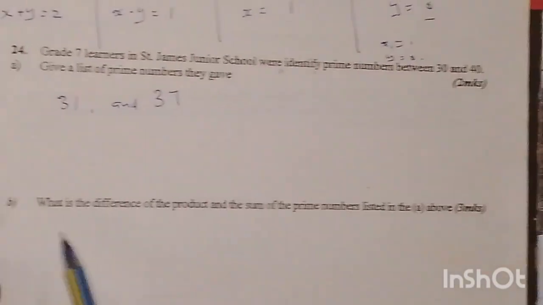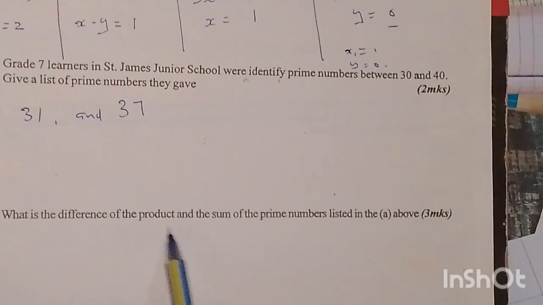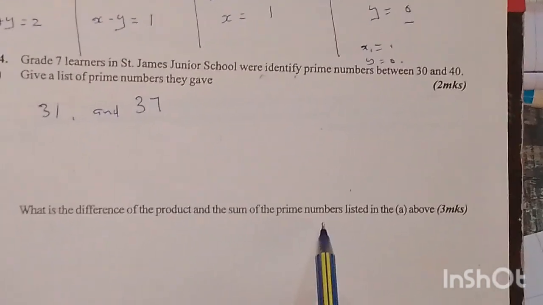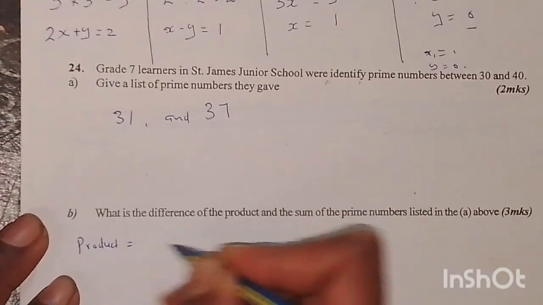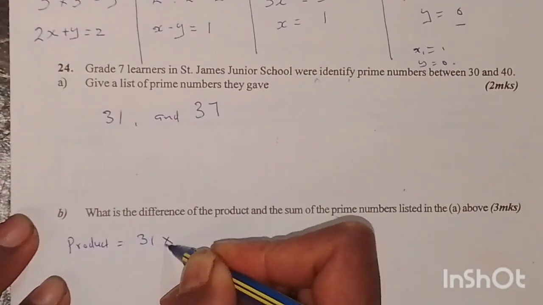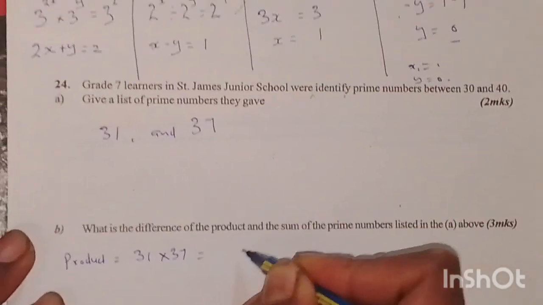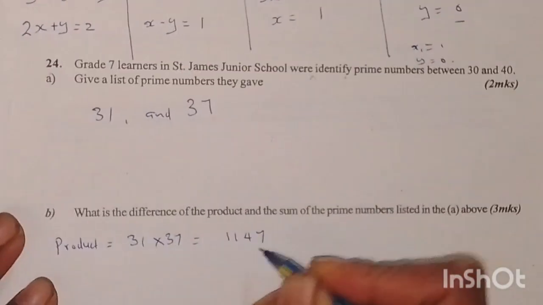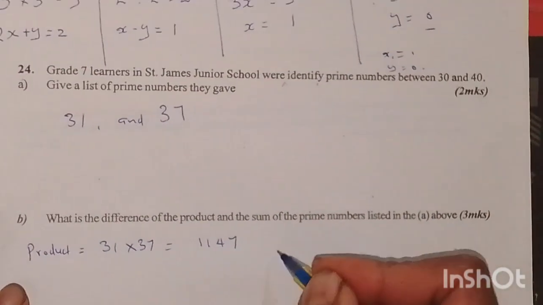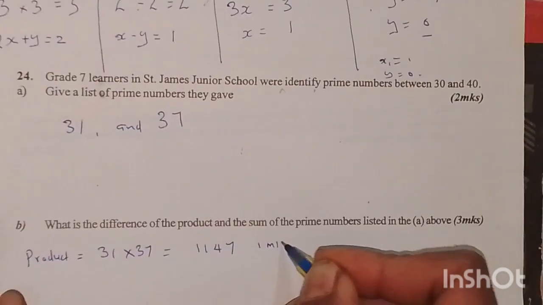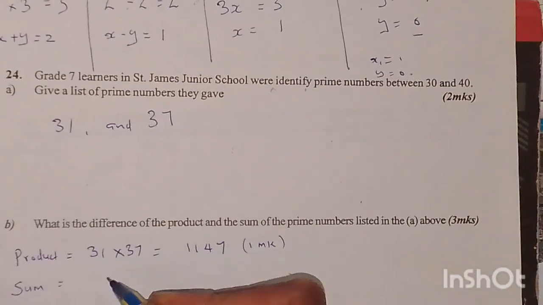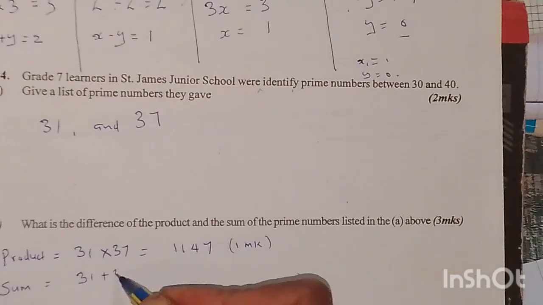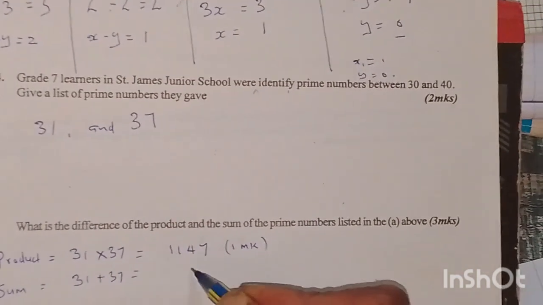Question B. What is the difference of the product and the sum of the prime numbers listed above? The product is 31 multiplied by 37, and the answer is 1147. That is 1 mark. The sum is the addition of them, 31 plus 37, and the answer is 68.